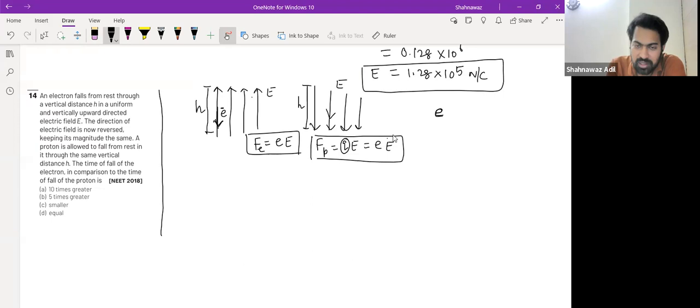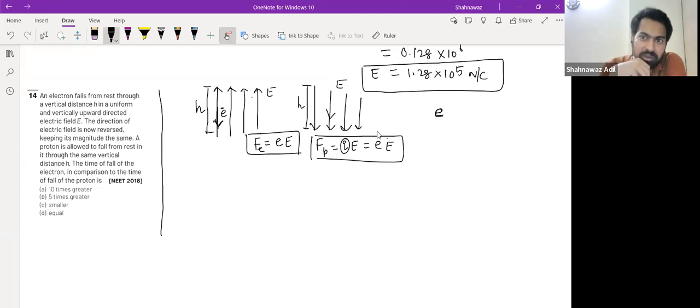For the force on the electron, isn't it minus eE? Yes, your voice is breaking. What did you say? Sorry, I couldn't hear.